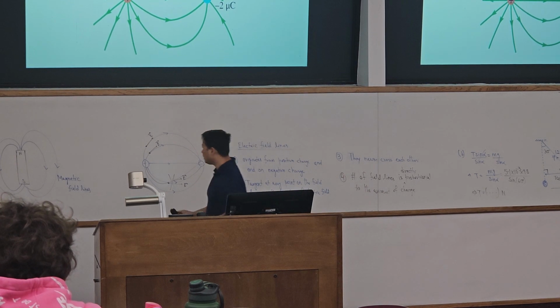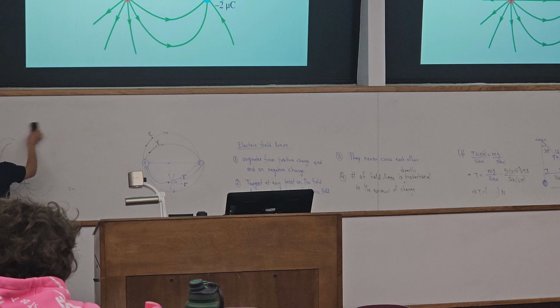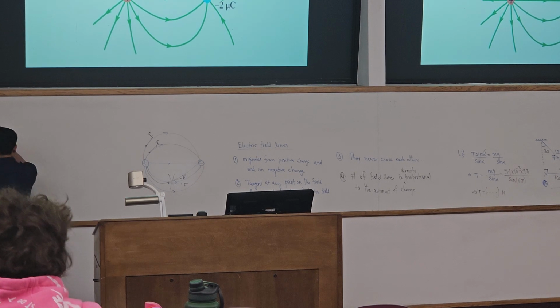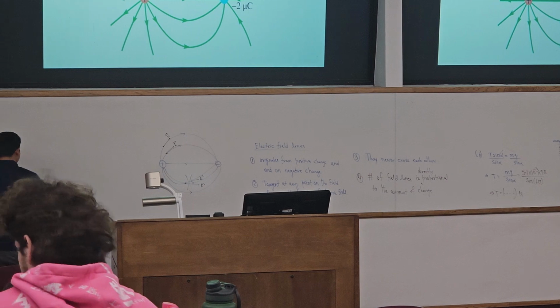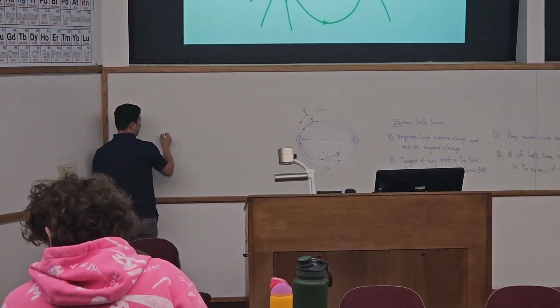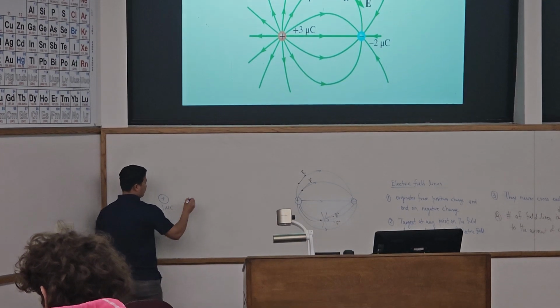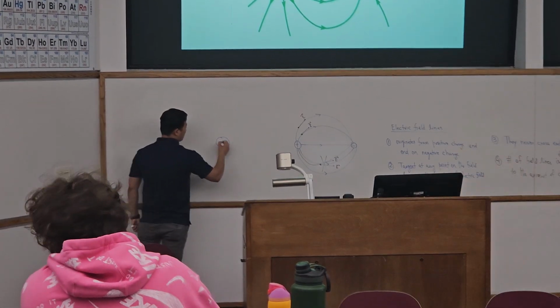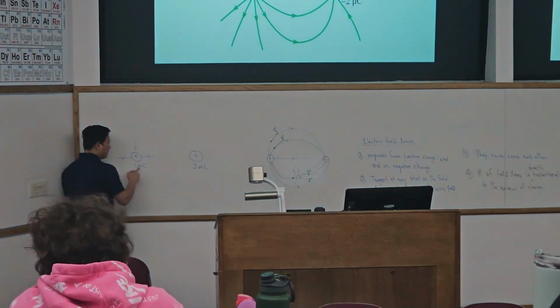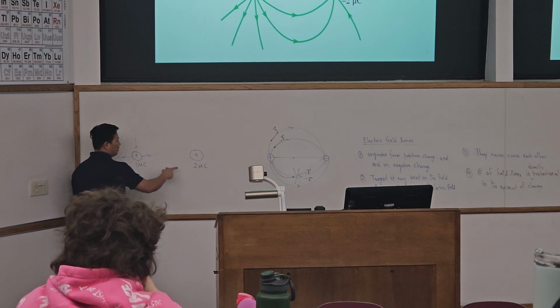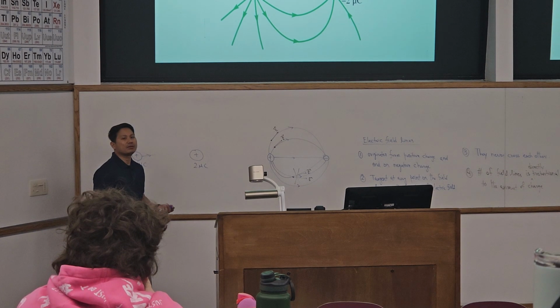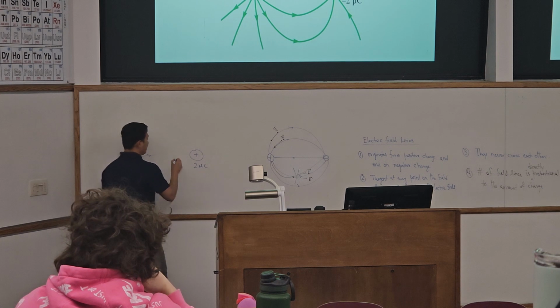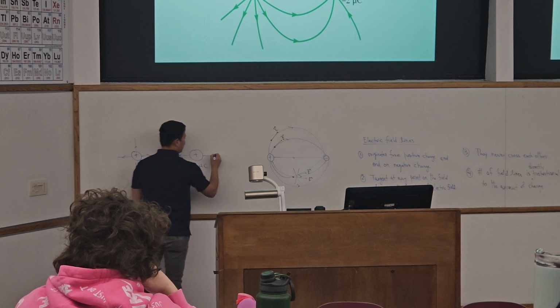Let me quickly talk about this one and then let's finish the class. If you have a positive charge of 1 microcoulomb and another positive charge of 2 microcoulomb, and if the first one produces 4 electric field lines, since the number of lines depends on the magnitude, the 2 microcoulomb charge will produce 8 electric field lines because it's proportional to the magnitude.